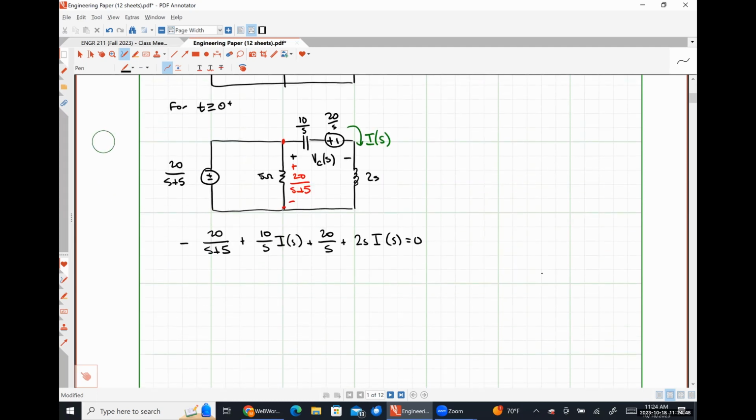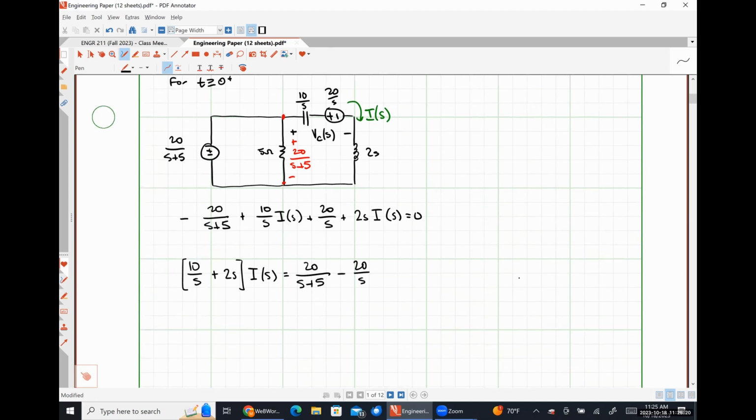Let's do a little bit of algebra here. So 10 over S plus 2S times I of S will be equal to 20 over S plus 5 minus 20 over S. Let me think about how I would pretty this up.